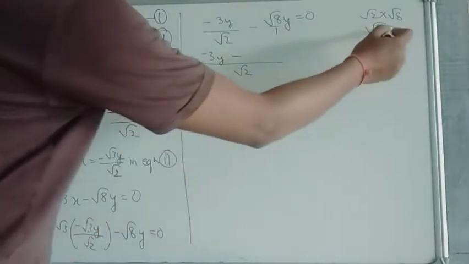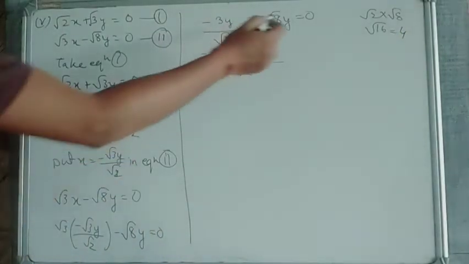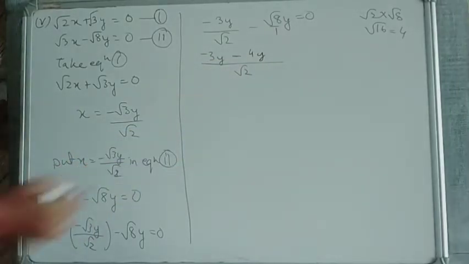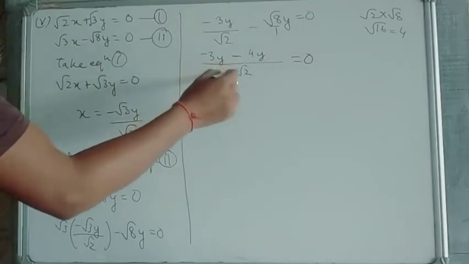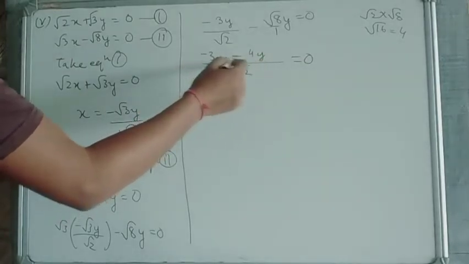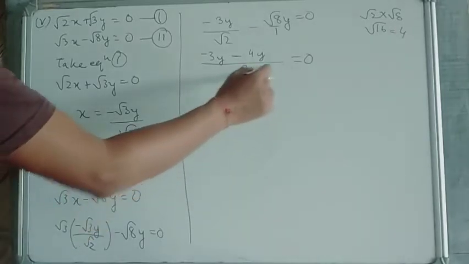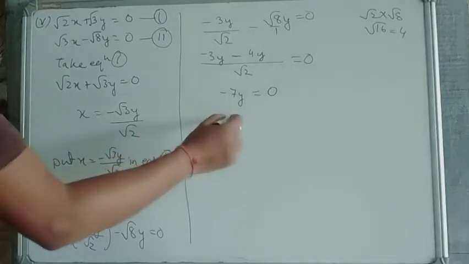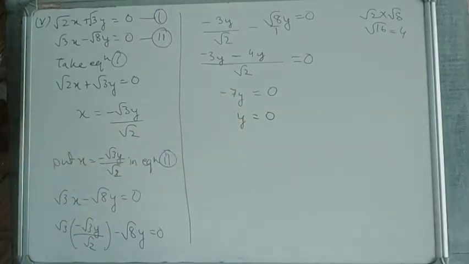Now 16 is the value of what? 4. So directly I will write here minus 3y minus 4y equal to 0. Now this will become minus 7y equal to root 2 multiplied by 0, which becomes 0. Then y will be equal to 0, as 7 goes down.